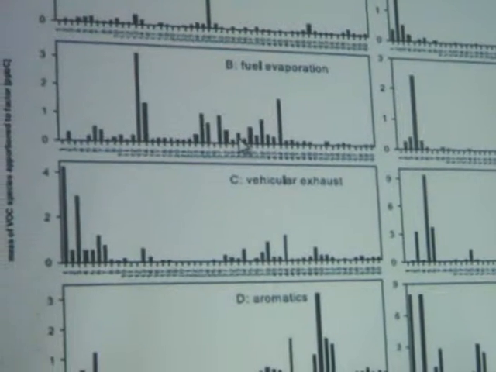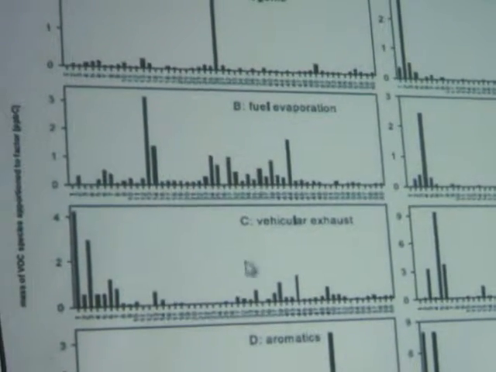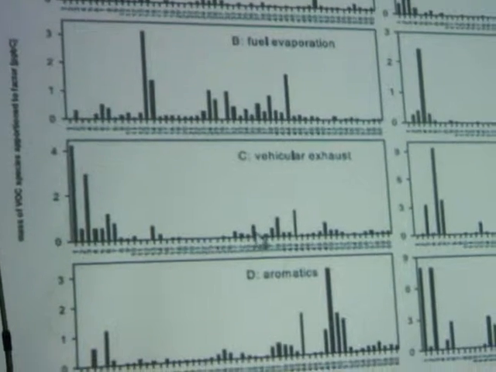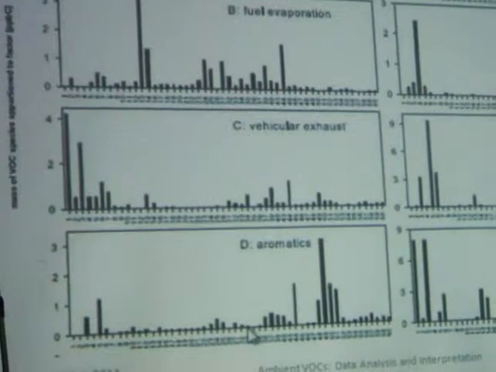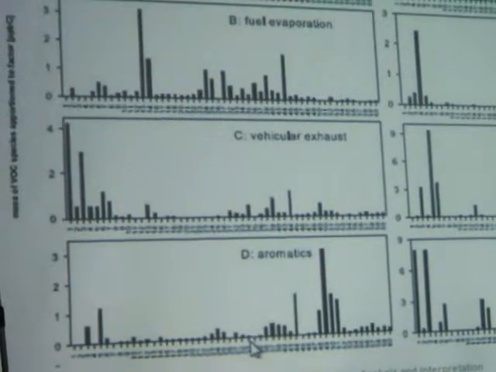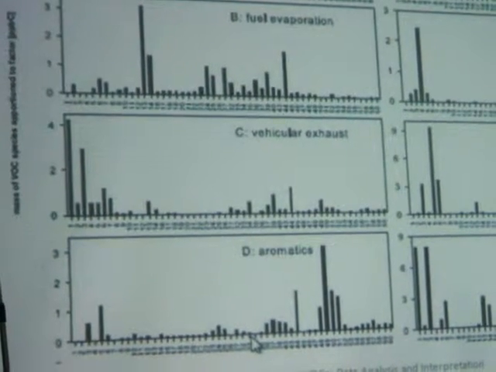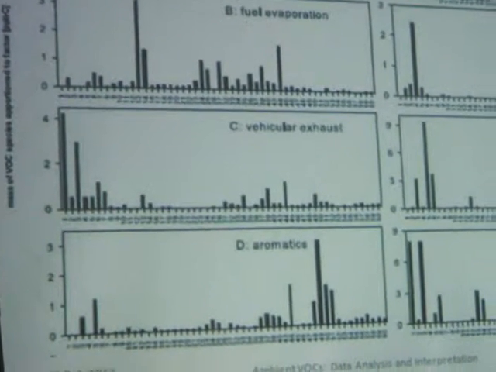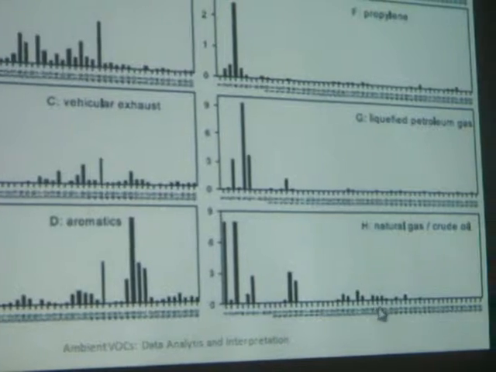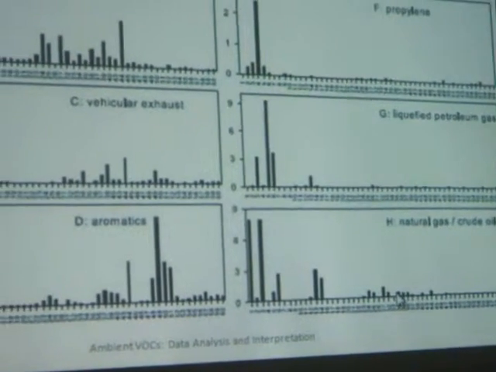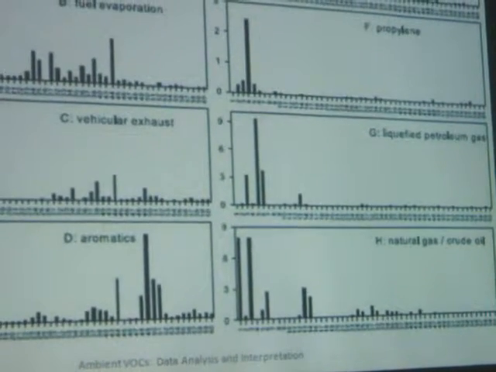So this is benzene. There's not much in the biogenic. This is benzene in the exhaust. There's not a lot of it in the aromatics, which is often the case. There'll be a little bit of it over here in the natural gas and crude oil factor.